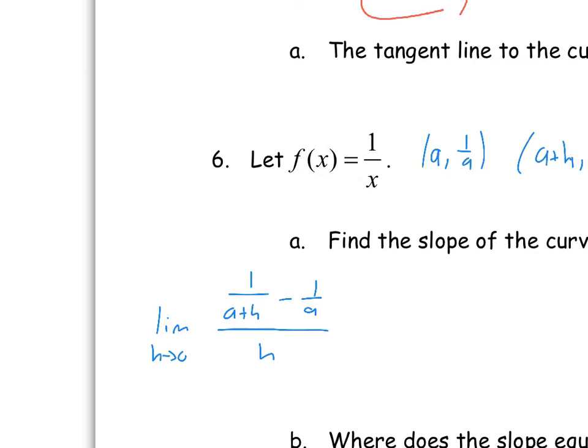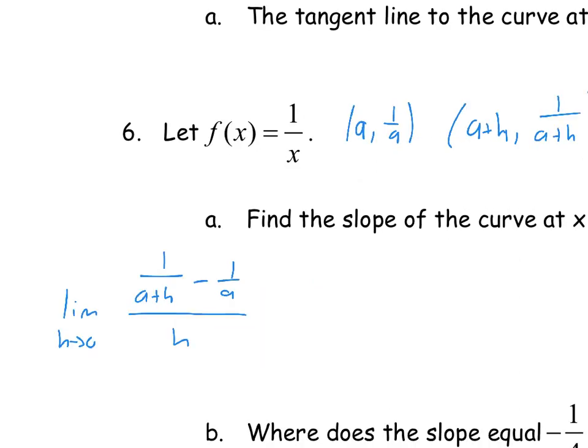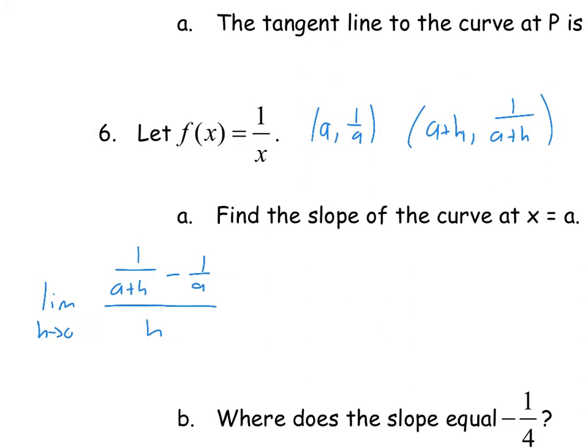Okay, this is a complex fraction, so typical strategy is get a common denominator on top. So this is equal to a over a times a plus h, minus a plus h over a times a plus h, all over h.